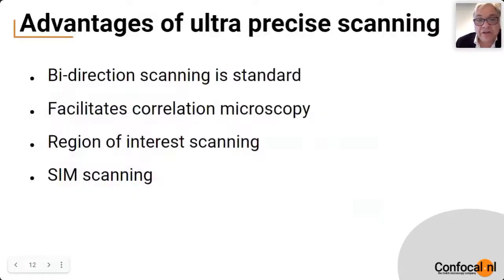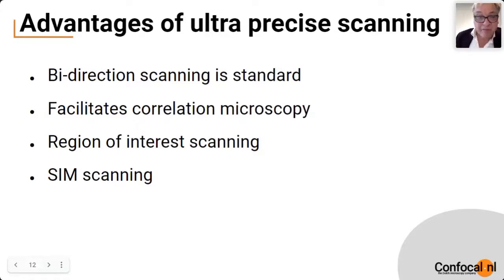What does this ultra-precise scanning do? Bidirectional scanning is a standard for us. All other companies struggle a little bit because you need to have very precise alignment, but in our scanners, it is standard. And this precision of the scanning devices is going to facilitate correlation microscopy a lot, and is also going to help us with precise scanning of regions of interest, multiple regions of interest.